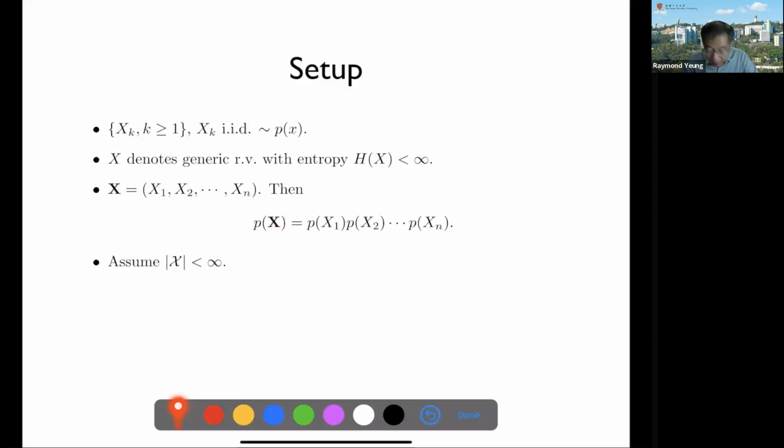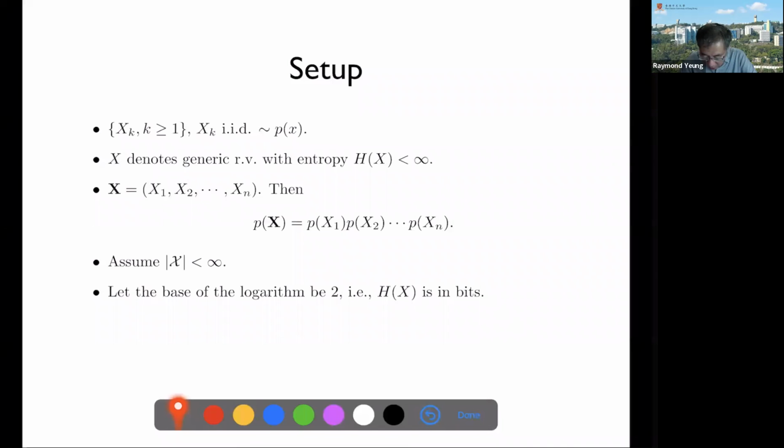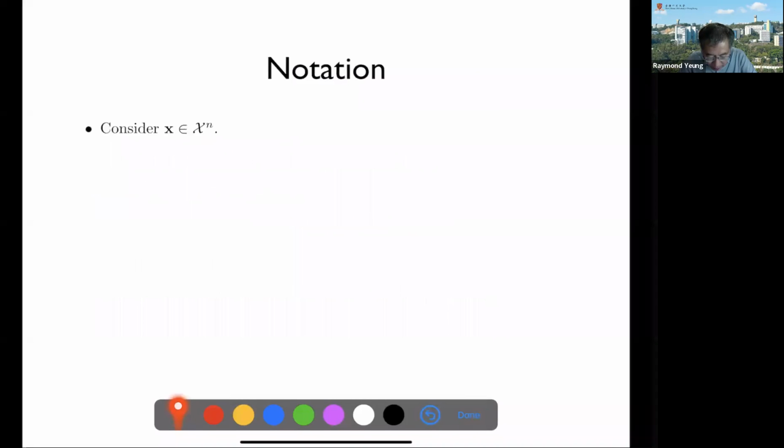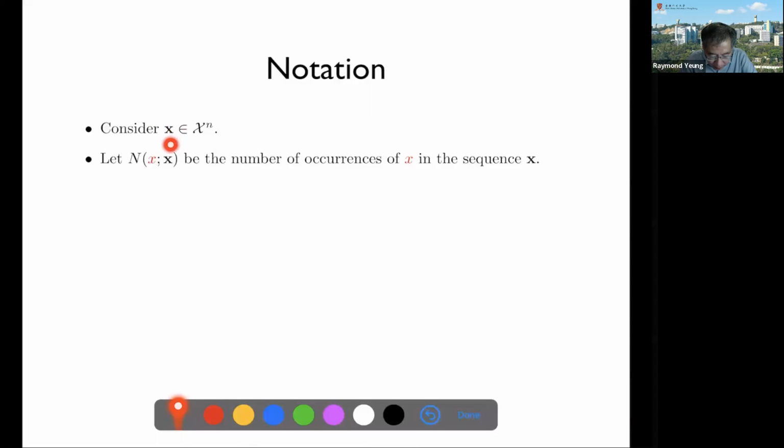Now, we assume a finite alphabet for the setup of strong typicality, and the base of the logarithm is 2, so that the entropy is in bits. Here are some further notations. For a particular sequence x in the alphabet script X to the n, a length n sequence with each component taking values in the alphabet, we let N(x; bold x) be the number of occurrences of small x in the sequence.